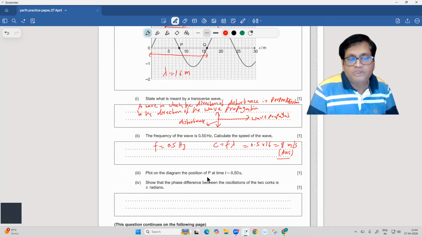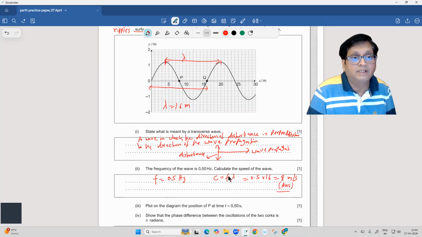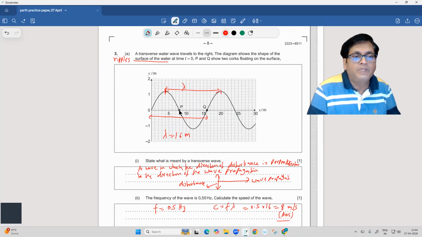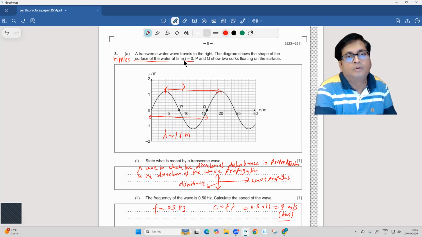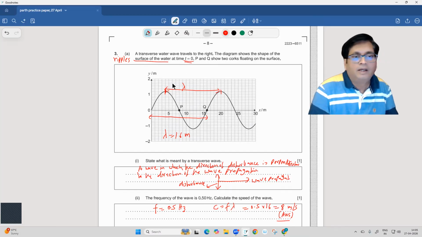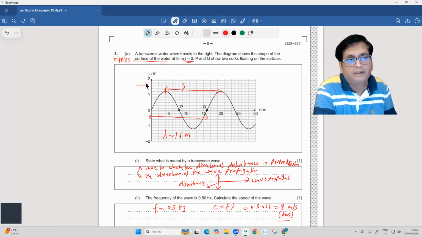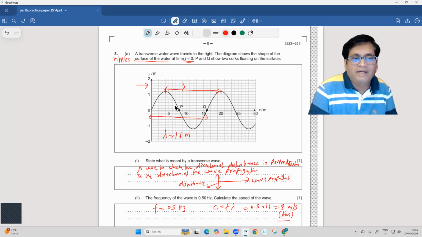Plot on the diagram the position of P at time t is equal to 0.5 second. This is the position of P at t is equal to 0, right? The wave is moving to the right. So wave moving to the right means this point is moving this way.